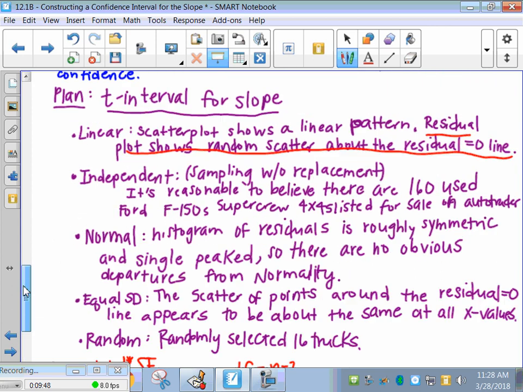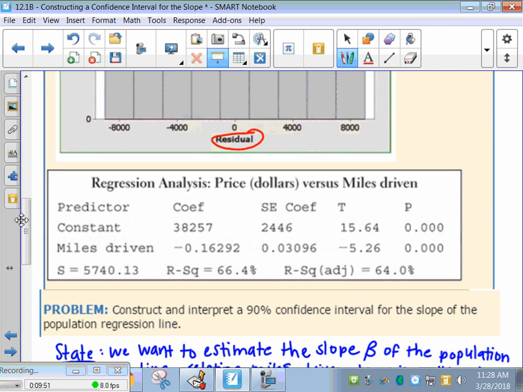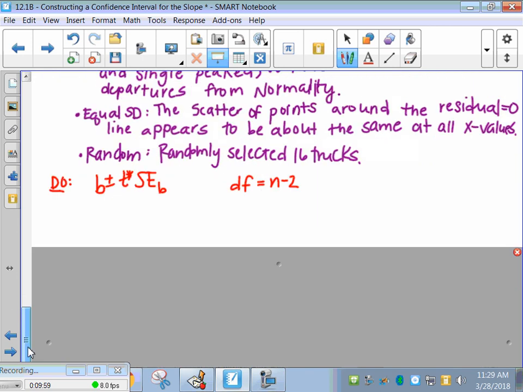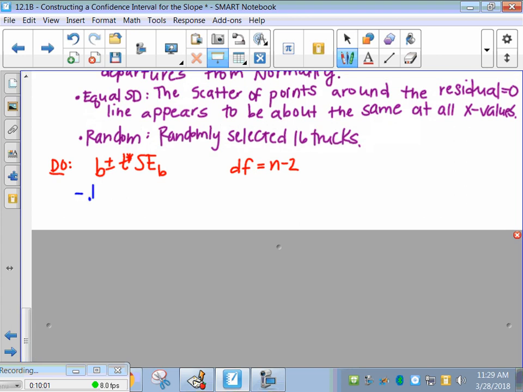So little b. Okay, which number is the slope of the regression line? All right, so I have negative 0.163 plus or minus, and now we do inverse t on our calculator.